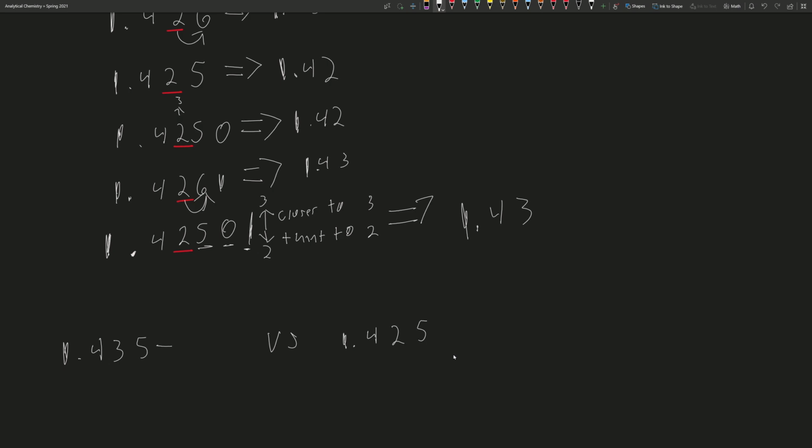So in this one, we could say we are between 1.43 and 1.44. So we're in between these two values right here. This one, we are in between these two values, 1.42 and 1.43.